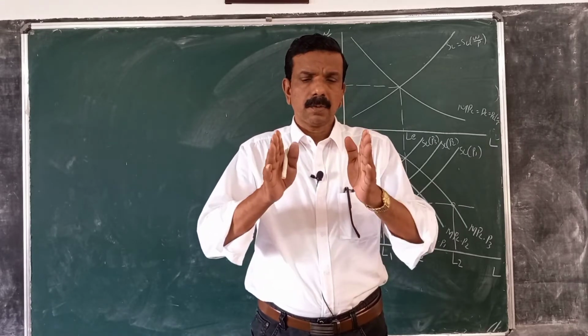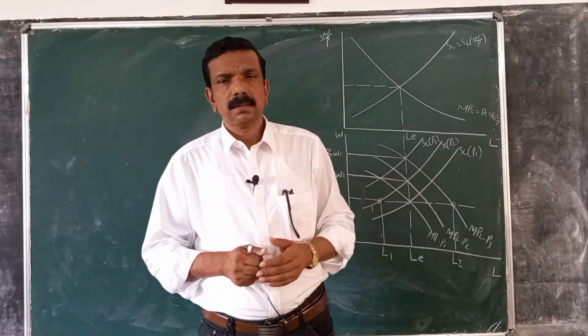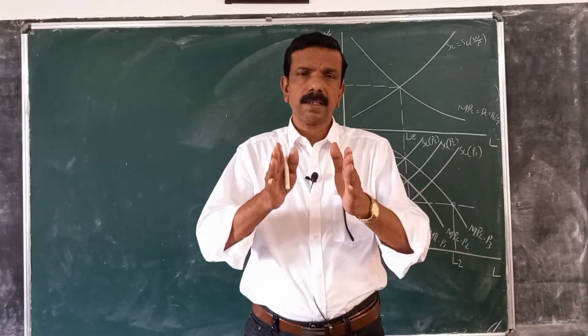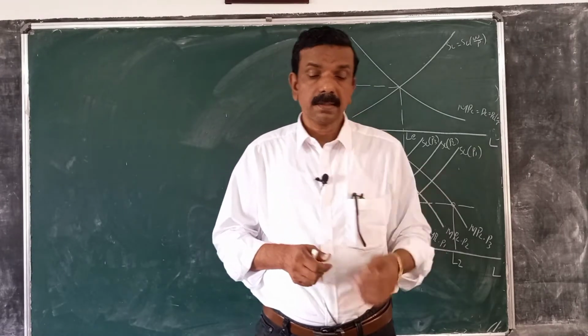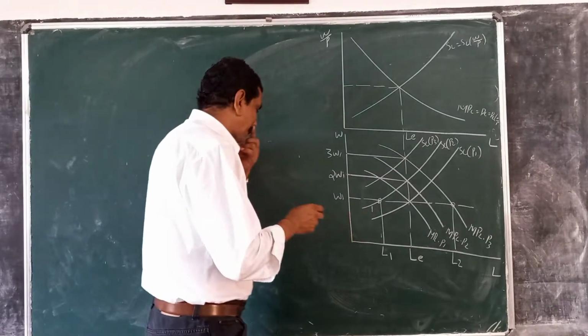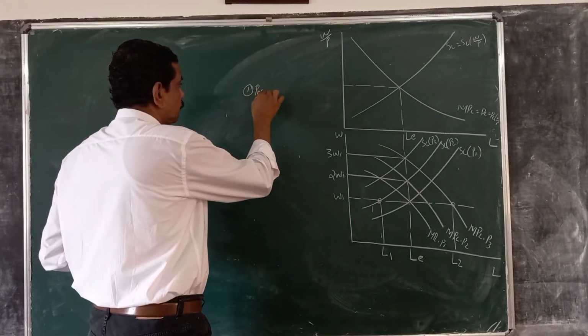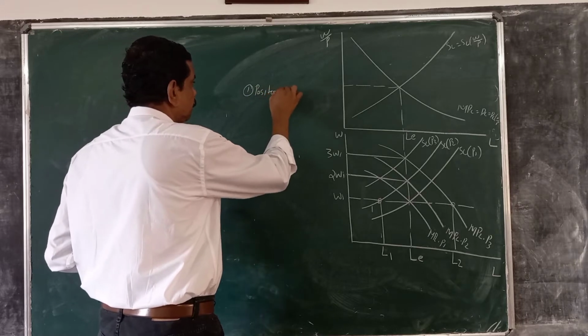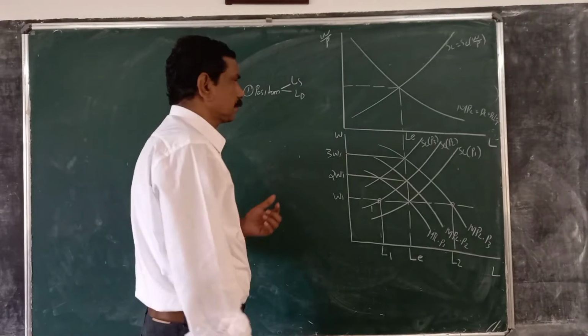In the classical model, the factors that determine output and employment are the factors that determine the position of labor supply and labor demand schedules.